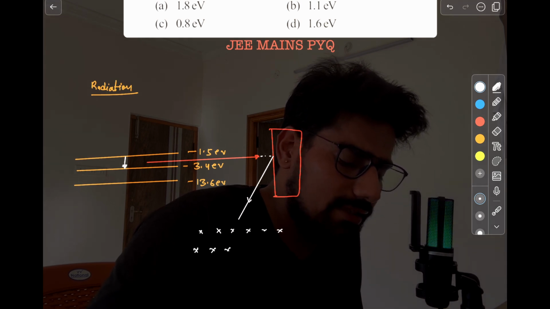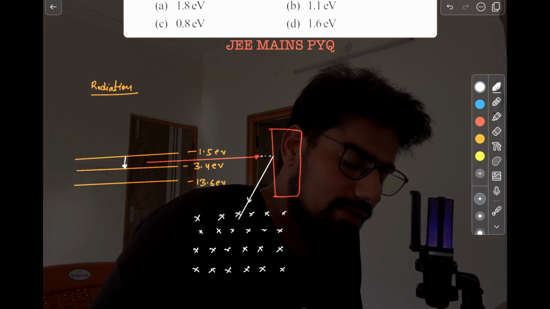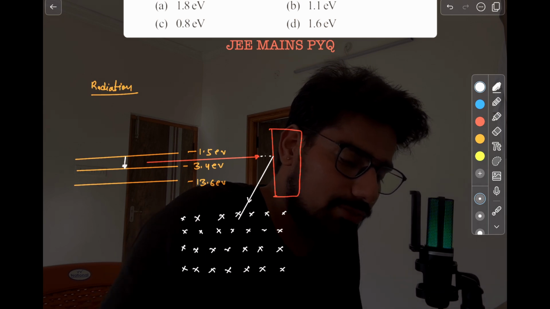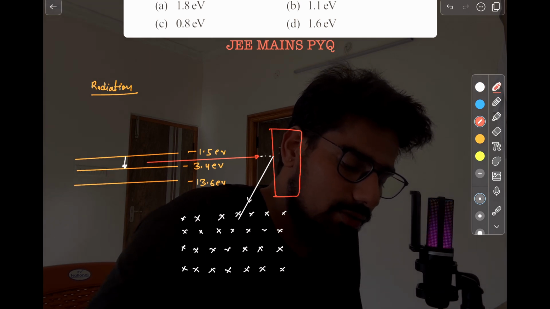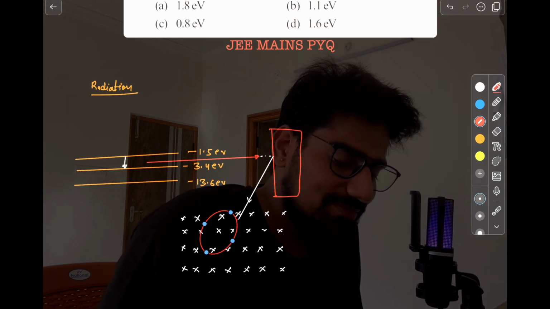Then when any charged particle enters a magnetic field, it will start to rotate in a circular path, right? Here we know that electrons are charged subatomic particles, so they will start to rotate in a circular path. So after entering, it is rotating in a circular manner like this, kind of circular, okay, fine.